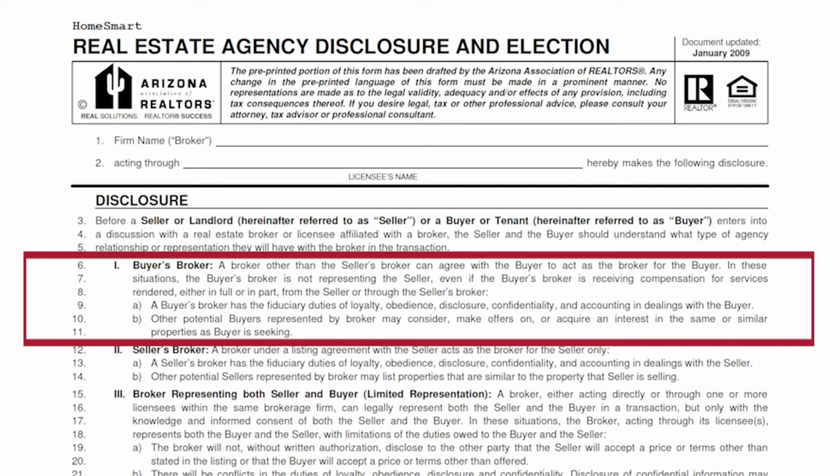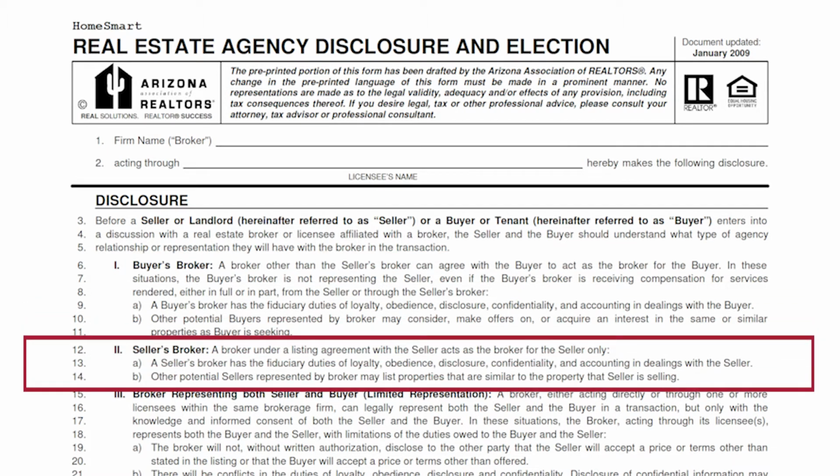It's also noted here that the buyer broker has fiduciary duties of loyalty, obedience, etc. with the buyer. Lastly, in this section, it states that other potential buyers, represented by the buyer's brokerage, may also make offers or acquire an interest in the same or similar properties.